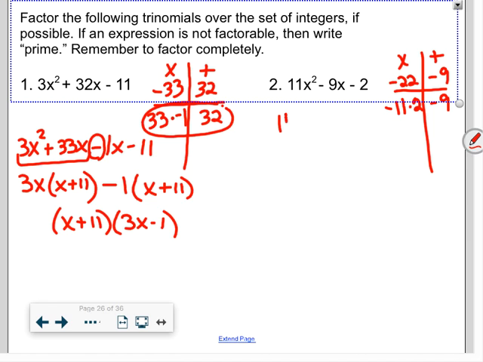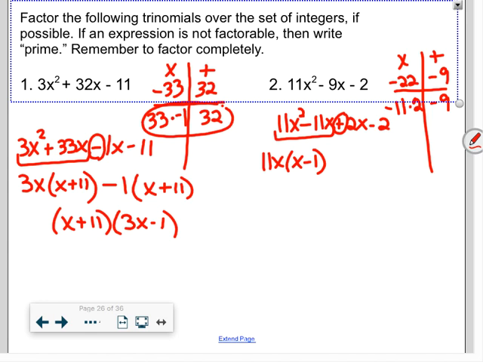So here we go. 11x squared minus 11x plus 2x minus 2. So I pull out the 11x and I get x minus 1.